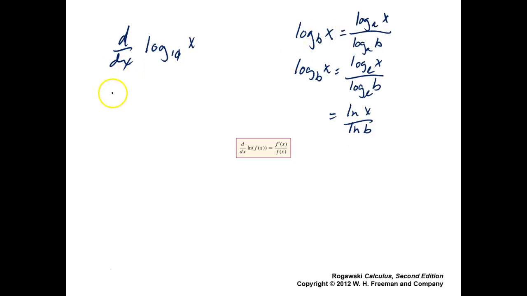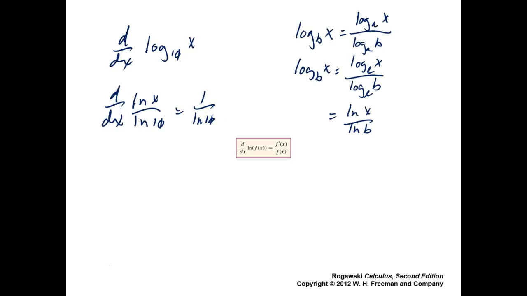So this would be the same as d by dx of, instead of writing log base 10 of x, write it as ln of x over ln of 10. Right? It's exactly what we're doing there. The log of 10 is just a number. So bring that outside the derivative. 1 over natural log of 10.